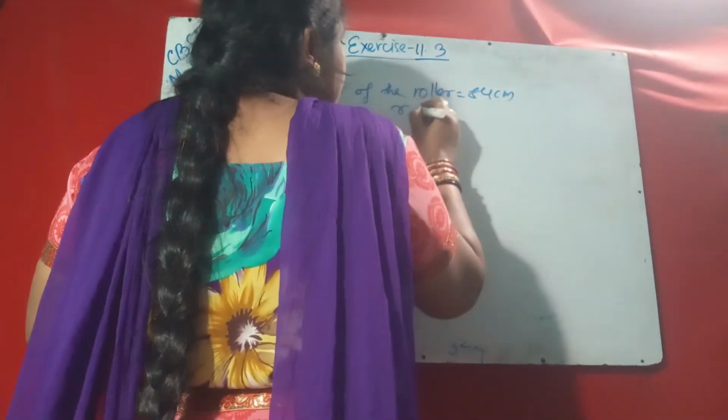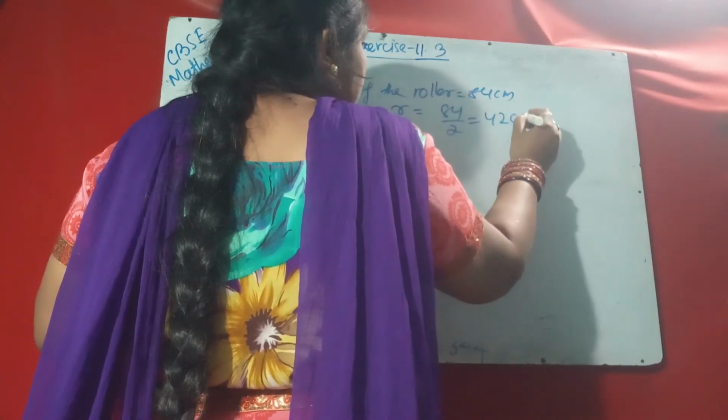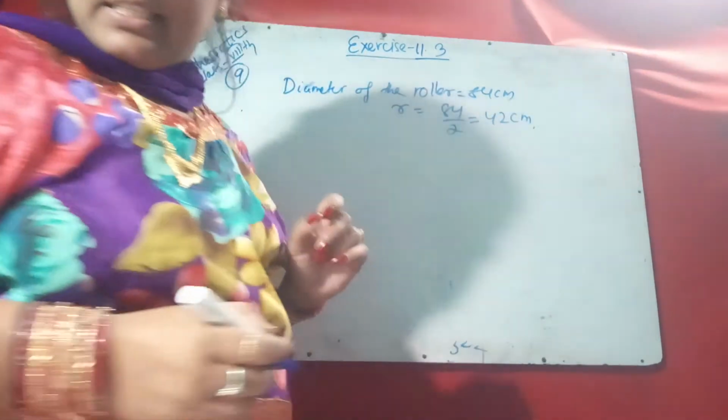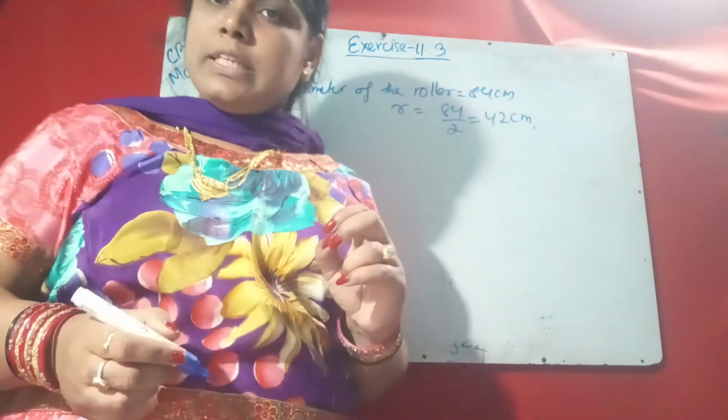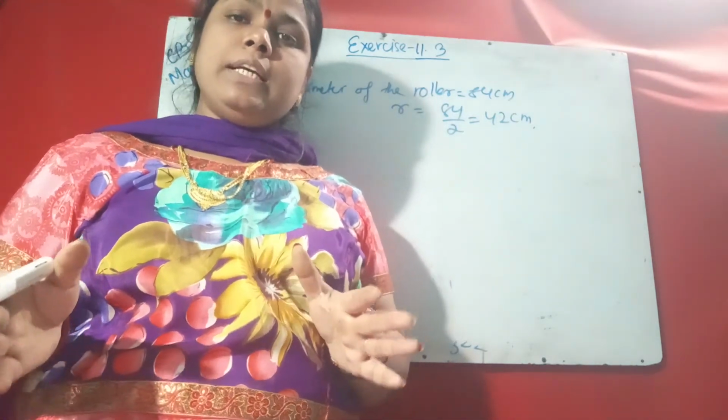So how much is the radius? 84 by 2, that is 42 centimeter. So the radius is 42 centimeter. Now find first the lateral surface area of the cylinder.